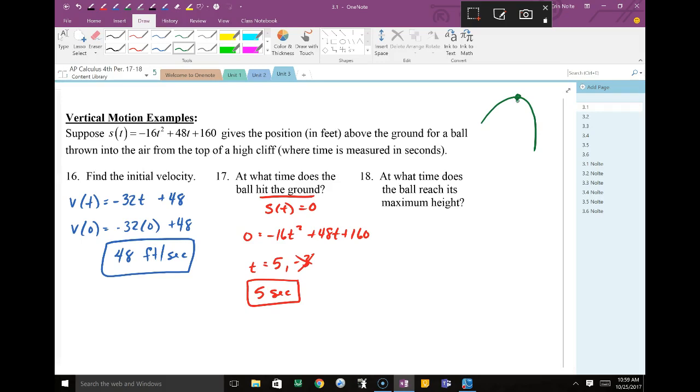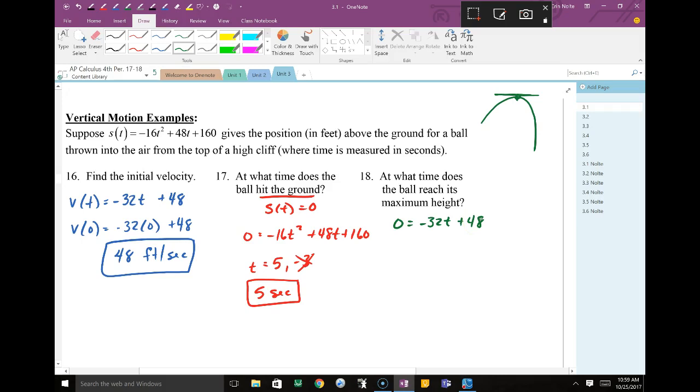Because when you're talking about a max, Spencer, this is a really good idea. What's the slope at any max value? 0. So all we have to do is figure out what the derivative is and set it equal to 0, and we know when the max is. So if I take my velocity and set it equal to 0, we can solve that. That's pretty easy.